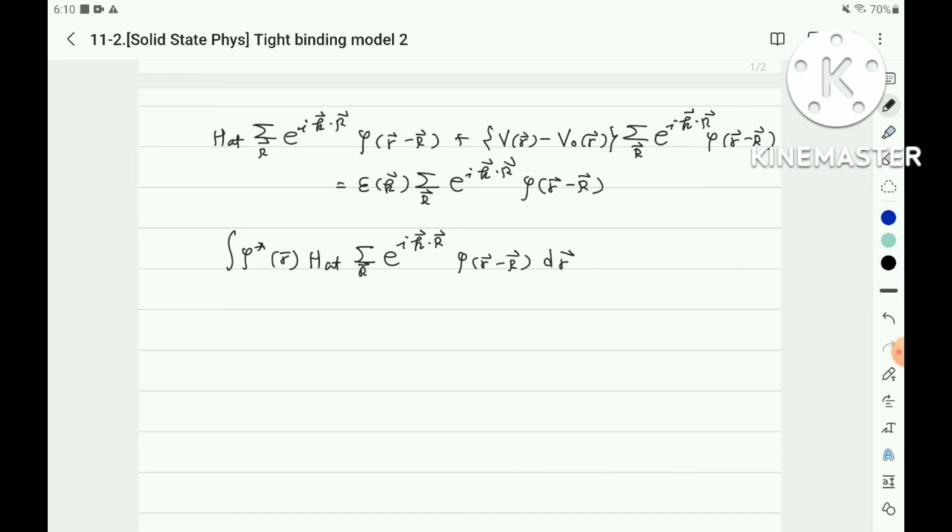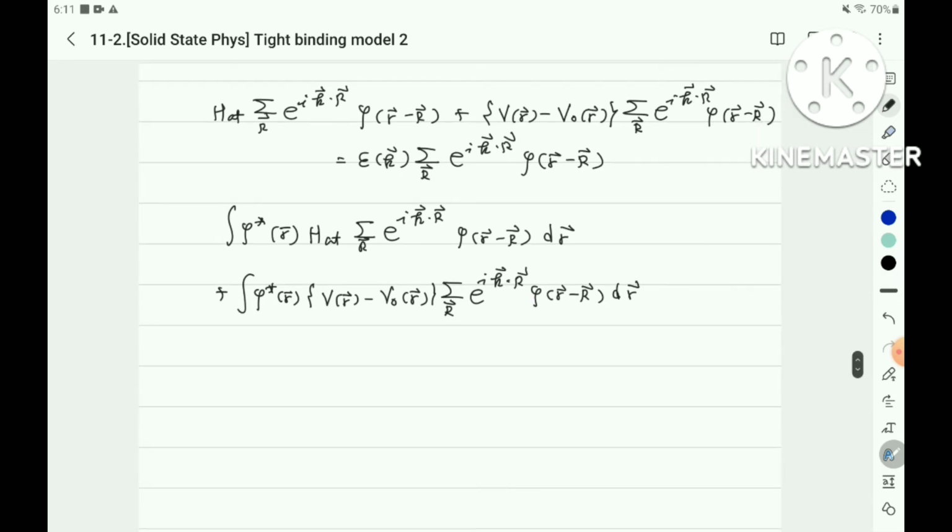I will directly integrate the second term, phi star times the potential V(r) minus V0(r), times the summation over R of exponential i k dot R and phi(r minus R) dr. This is the second term of the potential.